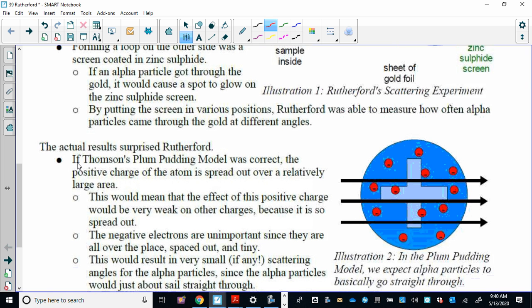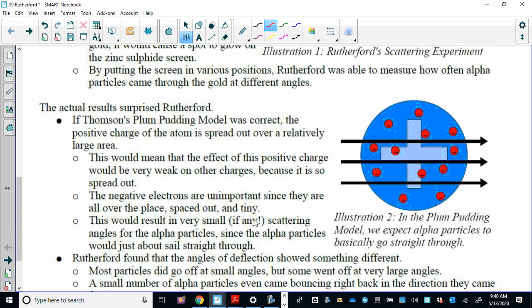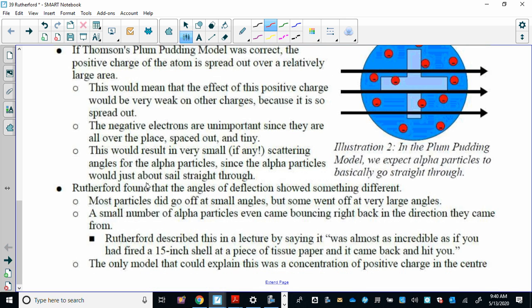This would mean that the effect of the positive charge would be very weak on other charges because it is so spread out. The negative electrons are unimportant since they're spread out all over the place, spaced out and tiny. This would result in very small, if any, scattering angles for the alpha particles, since they would just sail through. So that's what he expected, but that's not what happened.